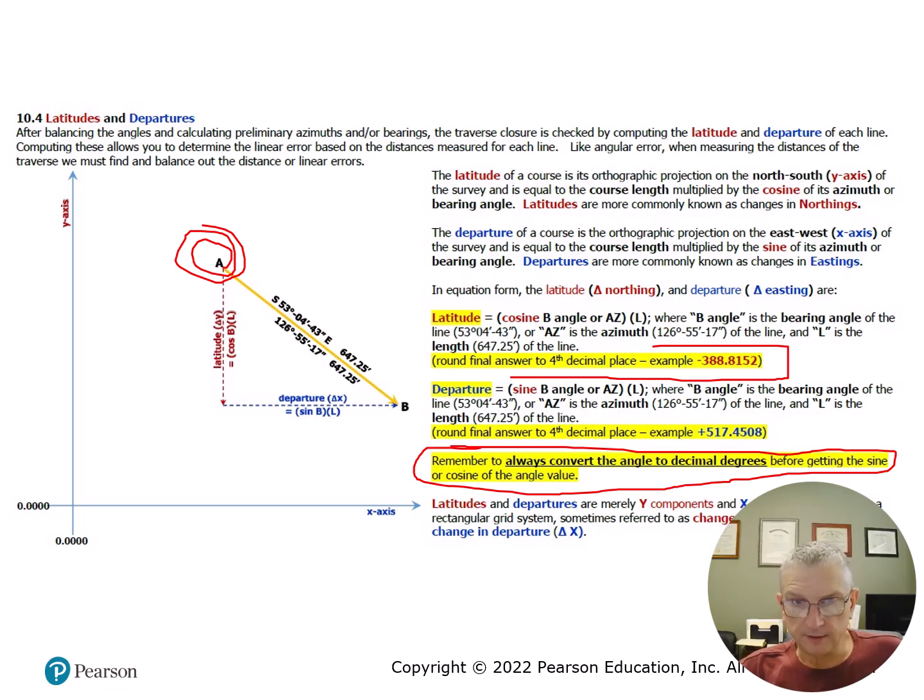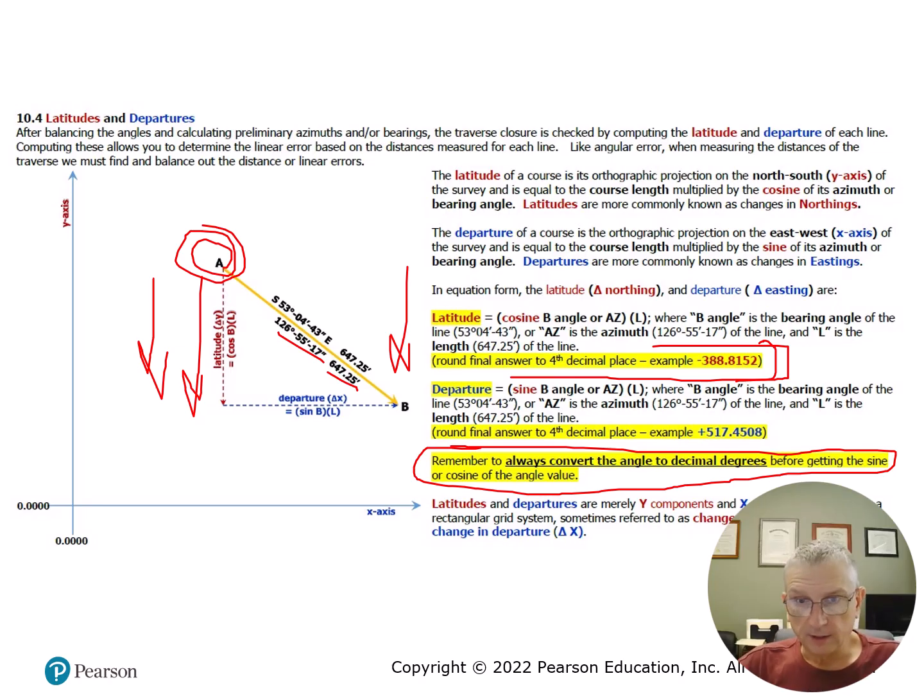You take the cosine of that, of 126, multiply it times 647.25, and you get negative 388.8152 for your latitude. That's your difference in north. It's negative, so you're going south. And that makes sense. You're actually going south over here.